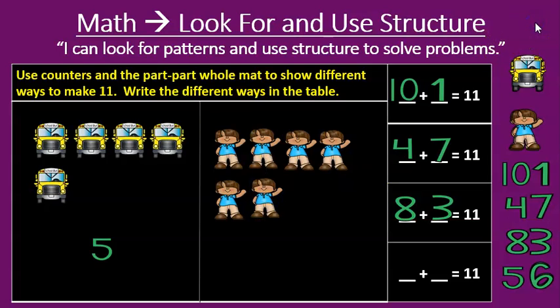We have enough boys to make 11, okay? How many boys do we have? Let's count. 1, 2, 3, 4, 5, 6. So I'm going to put 6 there because there are 6 boys there.